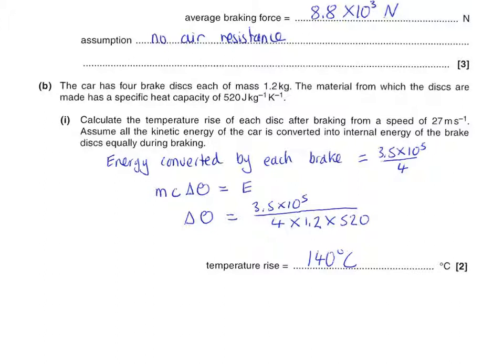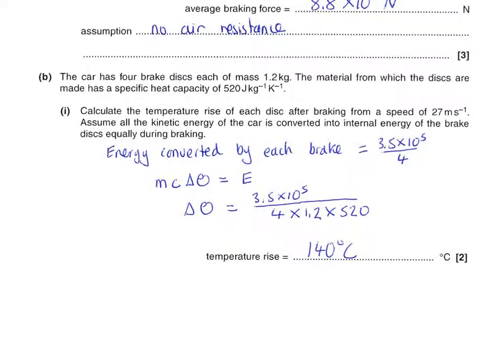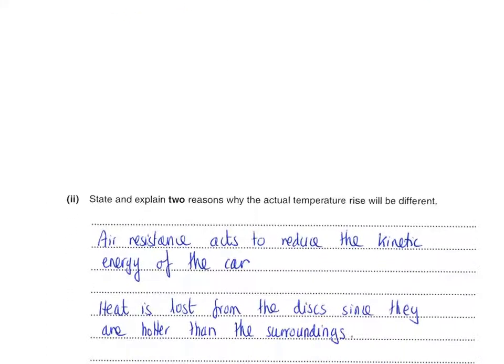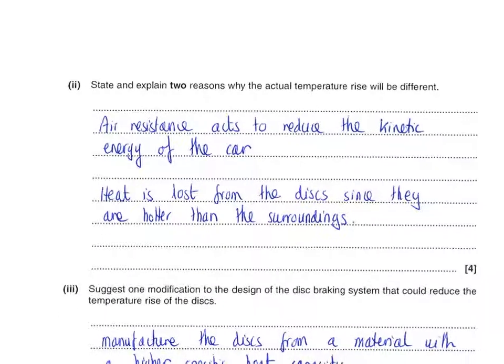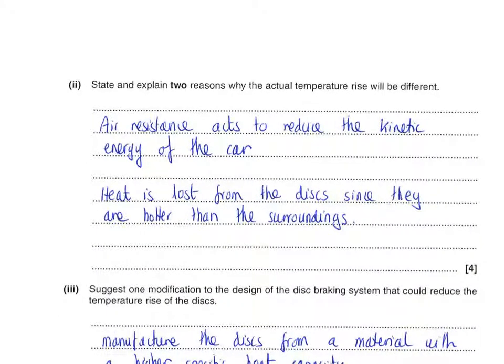Moving on then to the more discursive part: explain 2 reasons why the actual temperature rise will be different from that. In there we assumed first of all that all of the work was done by the brakes, so that won't actually be the case.